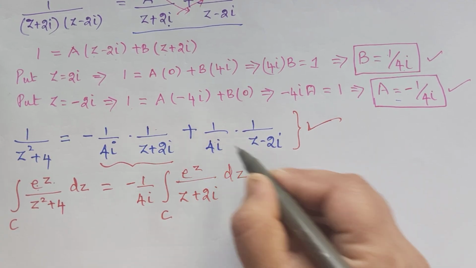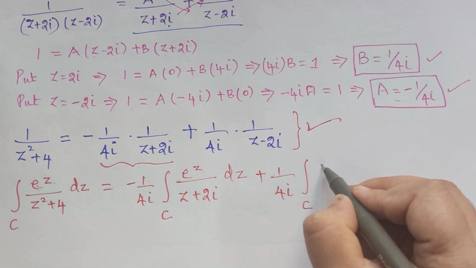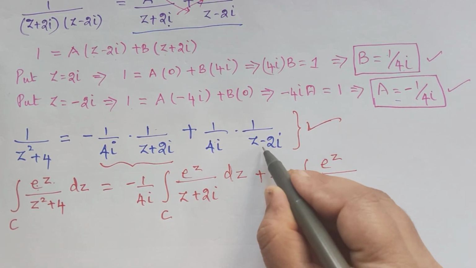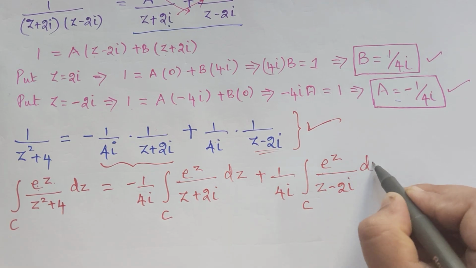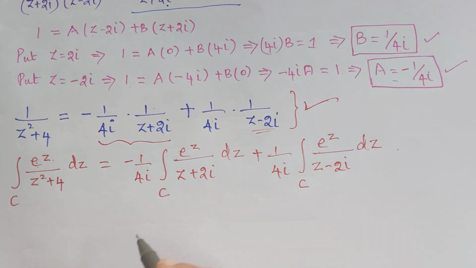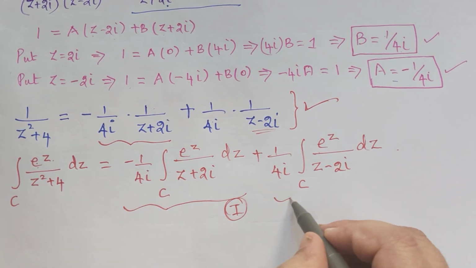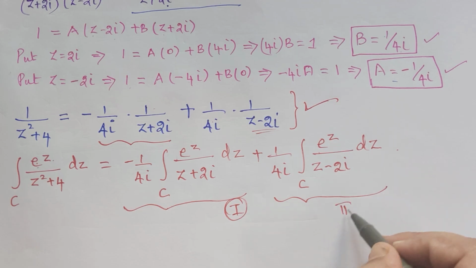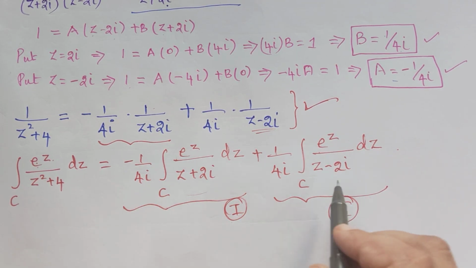Then plus 1 by 4i integral over C, e power z divided by z minus 2i dz. So now this integral has been split up into two integrals. This is the first integral and this is the second integral. Now we shall evaluate them separately and then we will substitute them here.